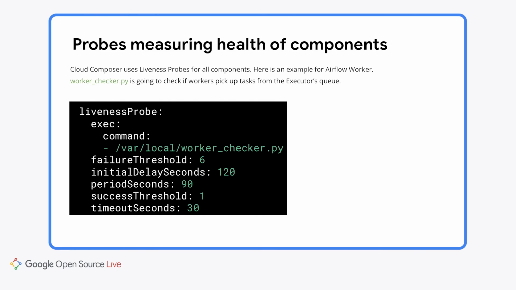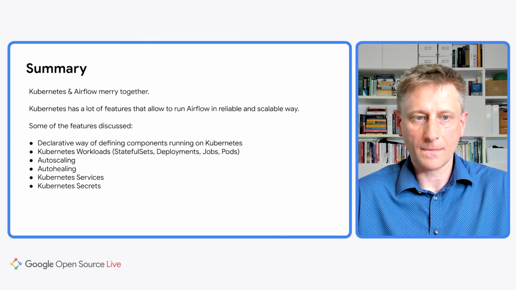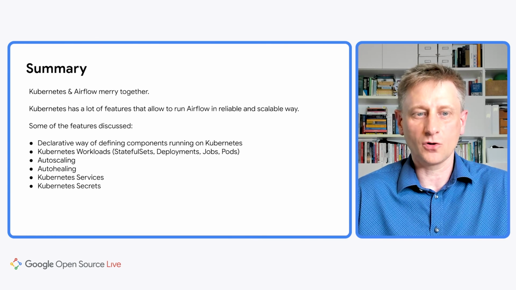One of the health checks done within this Python program is, for example, validation that the Airflow worker can pick up tasks from the queue. And of course, if the worker checker passes the information to Kubernetes that everything is okay, Kubernetes does not need to do anything. If the worker checker discovers problems, it can give a signal to Kubernetes to restart the component, and in this way auto heal the component.